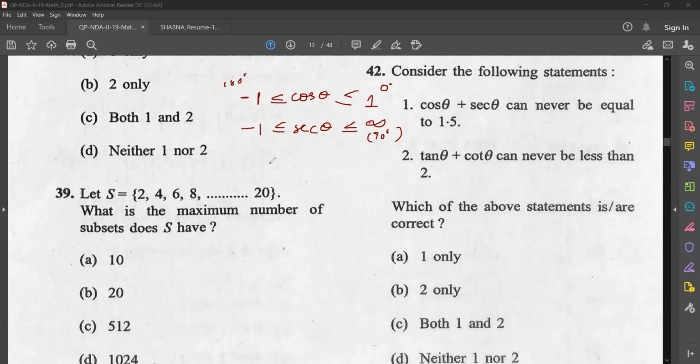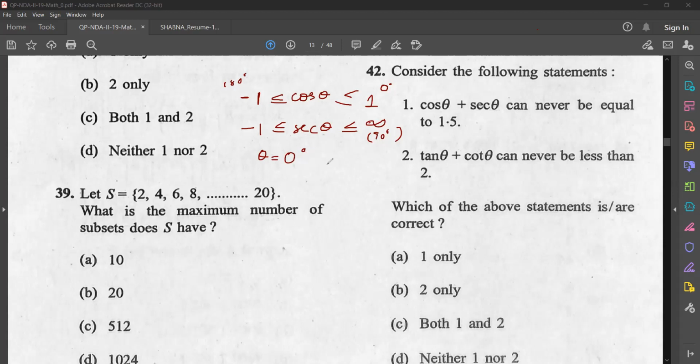But when theta is equal to 0 degree, what is the value of cos theta and sec theta?